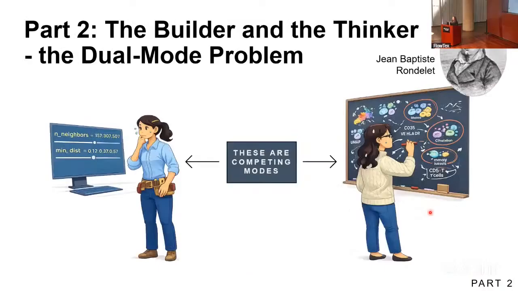And that is when we get to part 2 of this talk, the builder and the thinker, the dual mode problem. I don't think I've ever heard a name given to this, but in my experience, it is extremely difficult to both be the person analyzing the data, especially analyzing very complicated, high-dimensional, sophisticated data using a very wide array of tools and possibilities, and be the same person that steps back and thinks about the big picture and how the results are all connected at the same time.